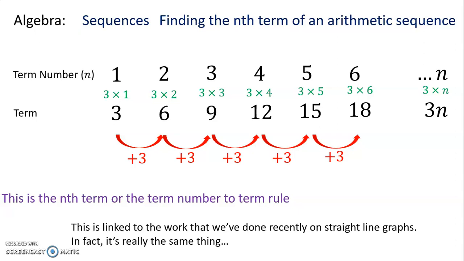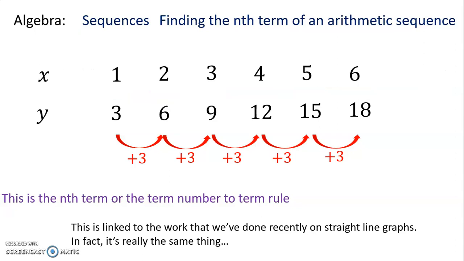Now, actually, this is linked to the work that we've done really recently on straight line graphs, because essentially it's exactly the same thing. If I change my term number to be x and my term to be y, this is like the tables that we drew out to find the y coordinates to plot if we know that the graph we want to plot is y is equal to 3x. So we're taking each of our x values and we're multiplying by 3.